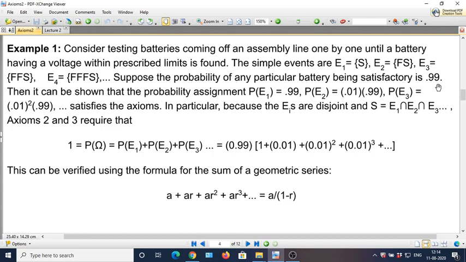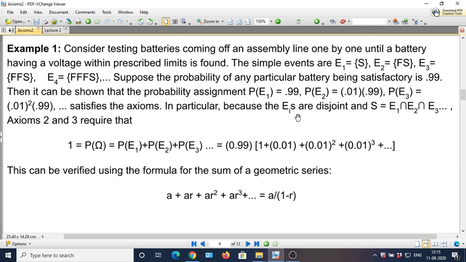Then we can see that probability of E1 is 0.99, whereas probability of E2 is 0.01 into 0.99, because this has two events which are themselves independent, and therefore their probabilities get multiplied, which we will see later. So P of E2 is given by this, P of E3 is given by this, and so on.